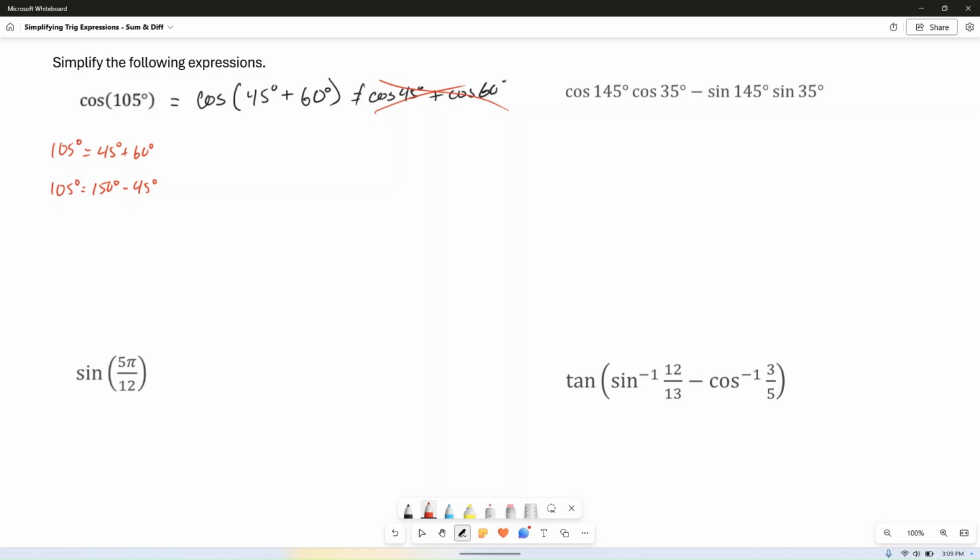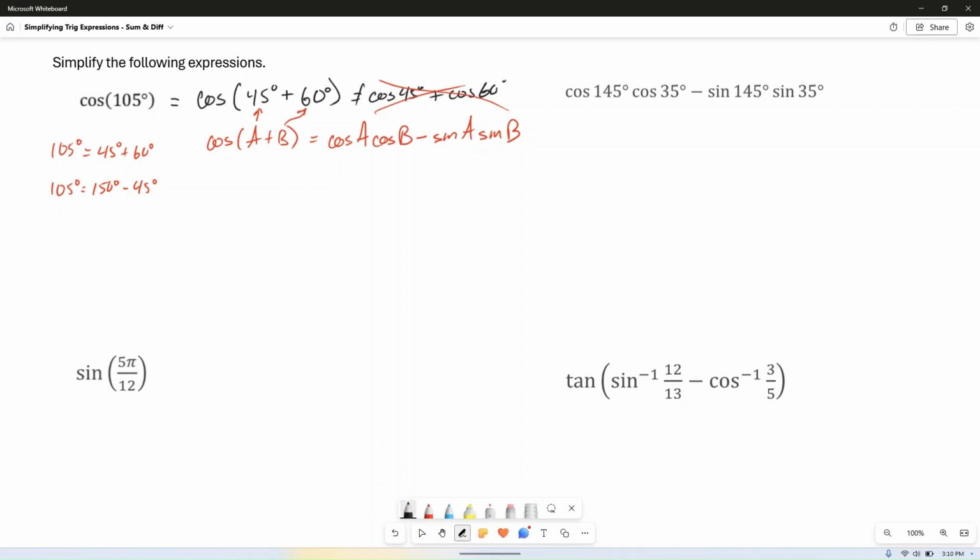Now I know that from our identity, the cosine of A plus B has to equal the cosine of A times the cosine of B minus the sine of A times the sine of B. So that's what the identity for cosine of A plus B looks like. I'm going to apply that here. In this case, the A is 45 degrees and the B is 60.